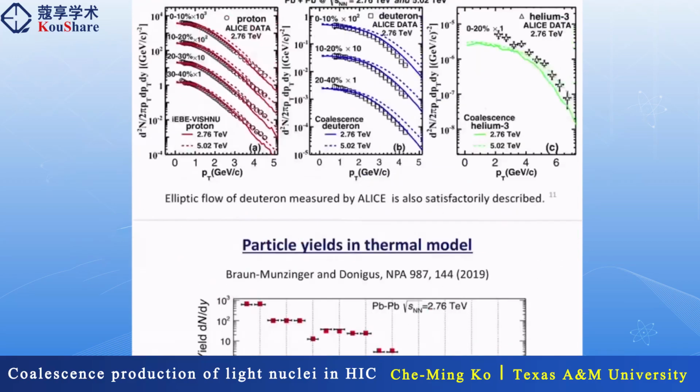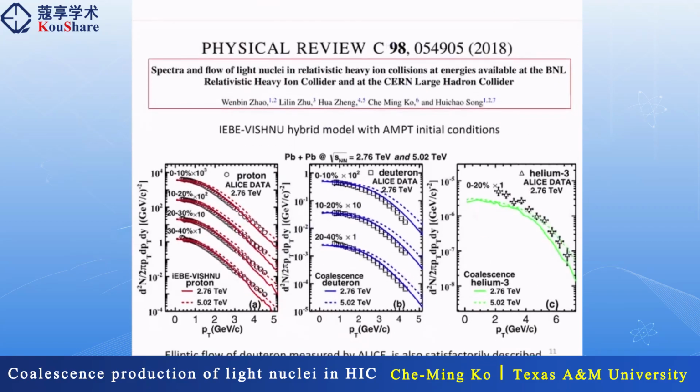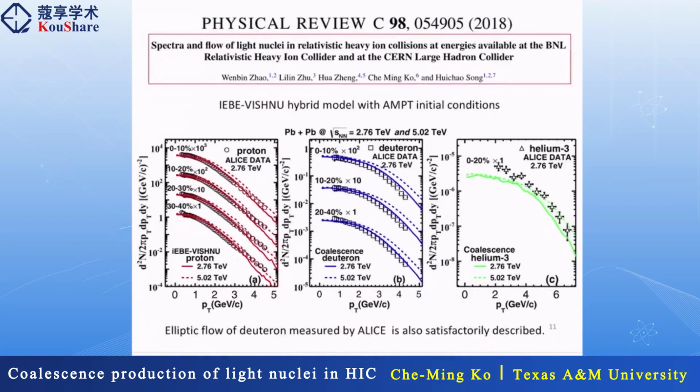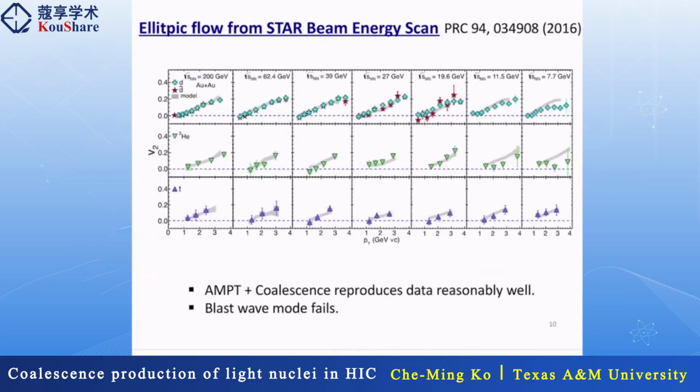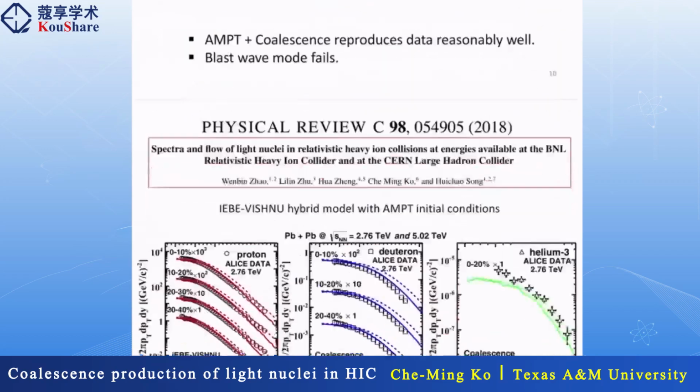So in a way, this is somehow consistent. In that paper they didn't look at the V2, but here they check it, and even for the V2 they can satisfactorily describe it. So it's consistent with Yugang's study using AMPT at RHIC energies.